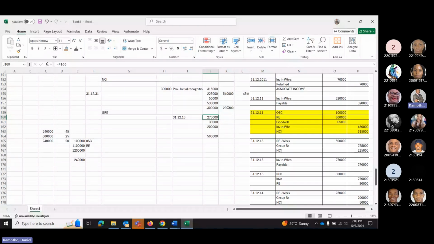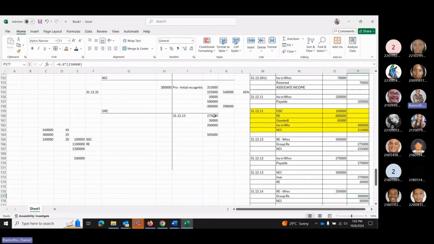And then 30,000 was the gain in the movement in reserve when they gained an additional 25,000 shares. Then up to December 2014, they own 80% of the subsidiary, and their post-acquisition earning is equivalent to 200,000 based on the journal. So I added up the three items to give me 505,000.